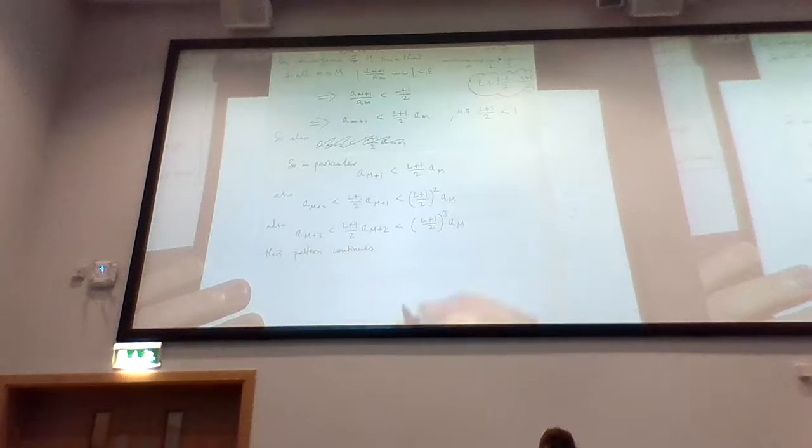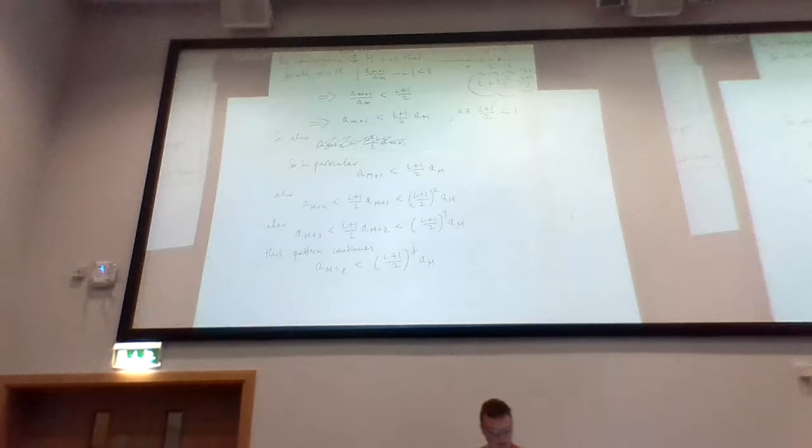This pattern continues. a_{M+j} is always strictly less than ((L+1)/2) to the power j times a_M. And this is true for every j bigger than or equal to 1.